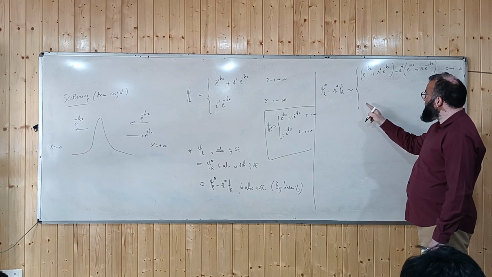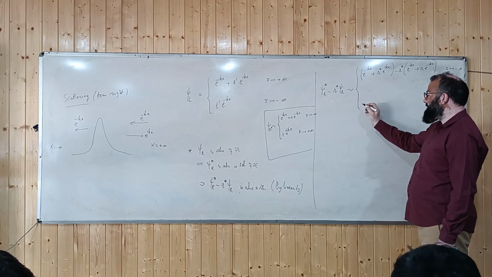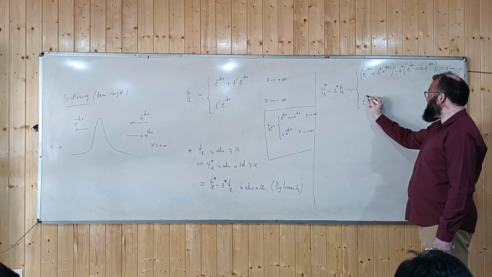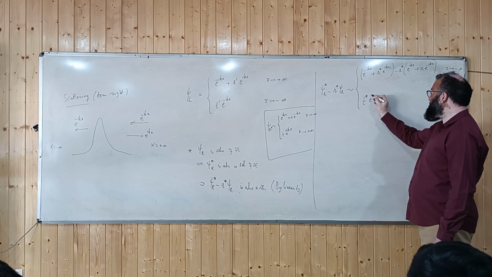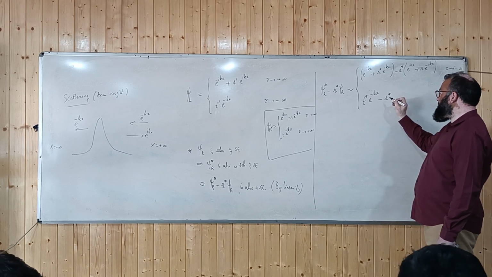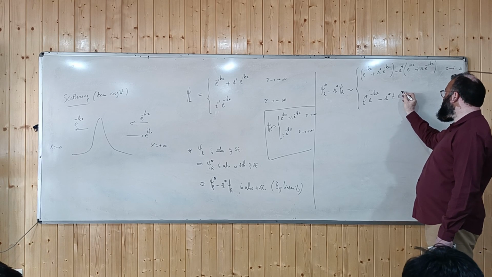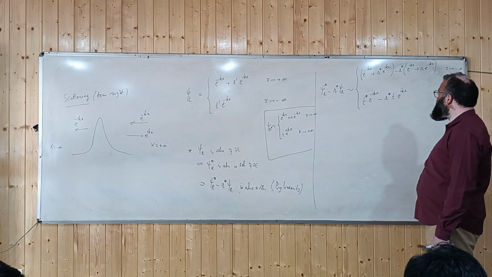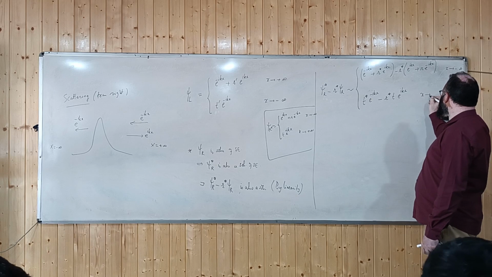Then on the right you are having t star e raised to the power minus i kx, and r star psi r is t e raised to the power i kx, as x tends to plus infinity.